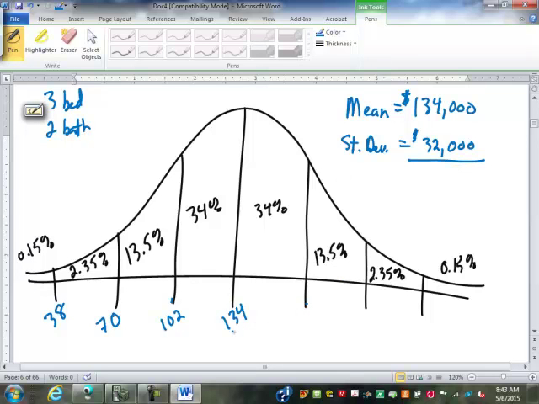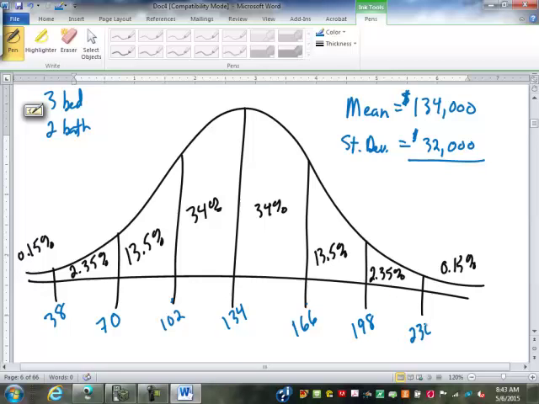Going the other way, adding a standard deviation, what's going to go here? $166. Another 32,000, it's going to be 198.